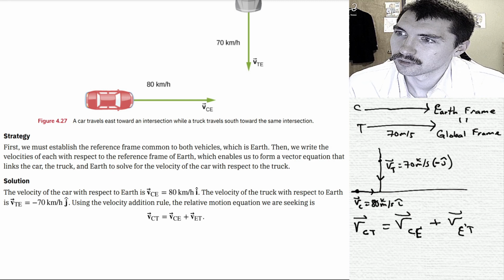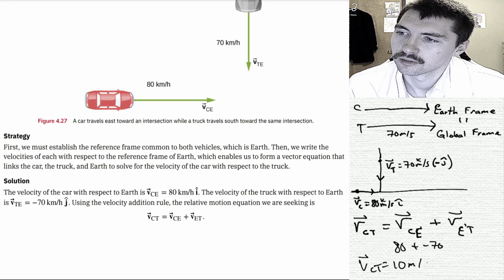So yeah, that'd be 80 plus negative 70, so 10 meters per second. And we need a direction. I'm pretty sure we need a direction because this book treats velocities as vectors. So I'm going to just guess I.